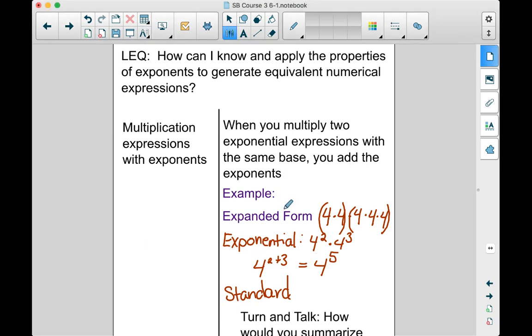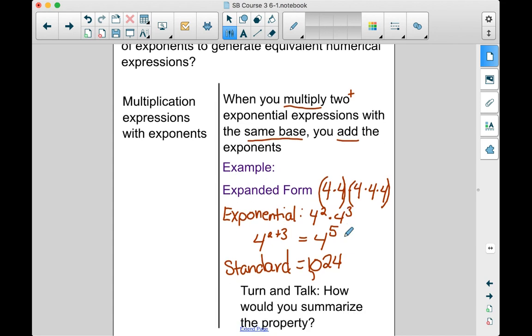So my standard version is 1024. Okay, so I have my expanded form, my exponential form. I have this rule right here because I'm multiplying two or more exponential expressions with the same base. So then I add the exponents. This works because my base in both cases is 4. If I had a different base, it would not work.